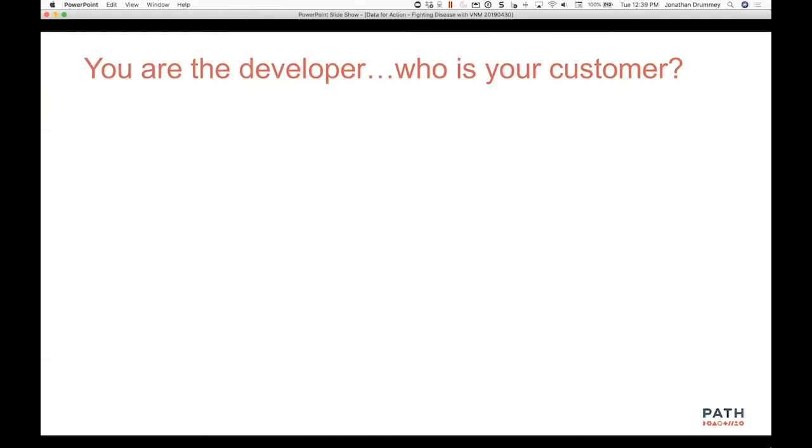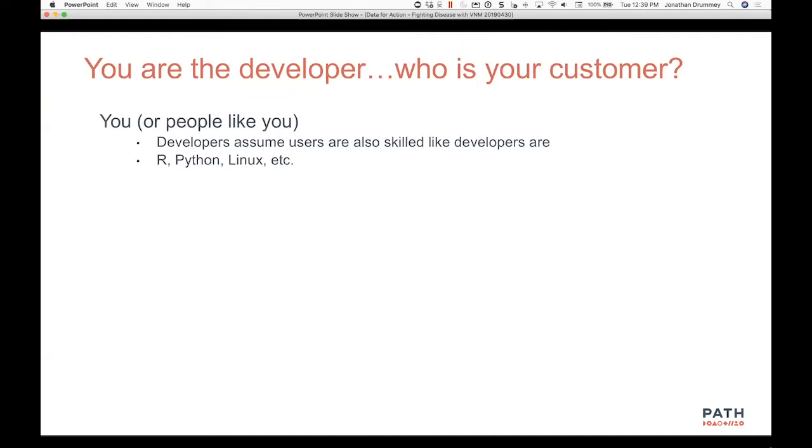And one of the pieces I think about is who's your customer? So you're a developer, you're building something, who's your customer? And very often with open source projects, your customer is people like you, or you're doing something for yourself.